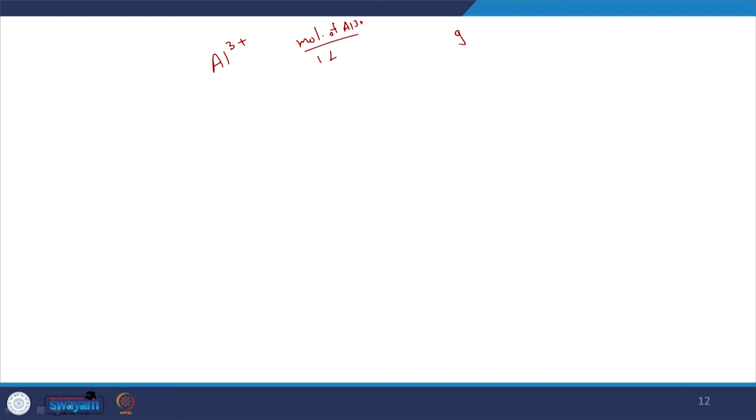It will give me an idea about grams of Al3 plus per 1 mole of Al3 plus. So, how much is this molecular weight? This will be required, and then if I have the mass of that particular solution, I can use this molecular weight to get the Al3 plus once we look at the stoichiometry.